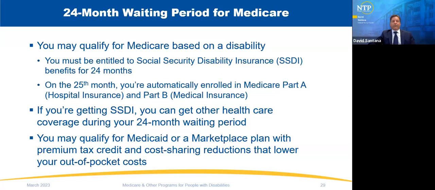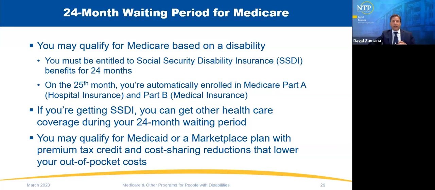So you can apply for Medicaid, and you heard Tanya mention that Medicaid and Social Security work hand in hand when determining eligibility based on disability, specifically in the states that use the SSI criteria, or that enter into an agreement with Social Security.